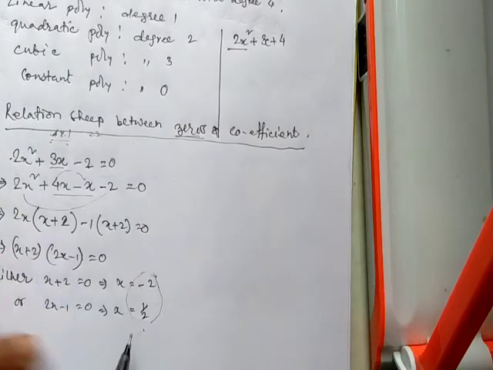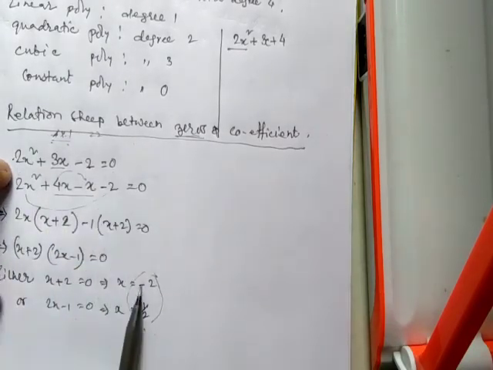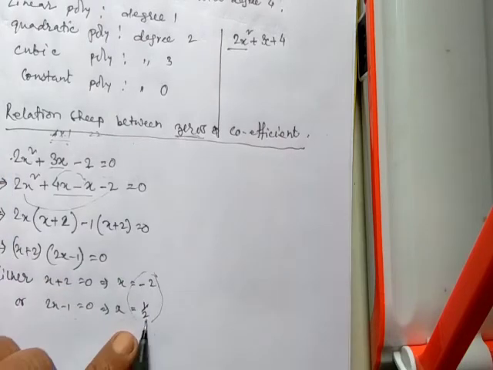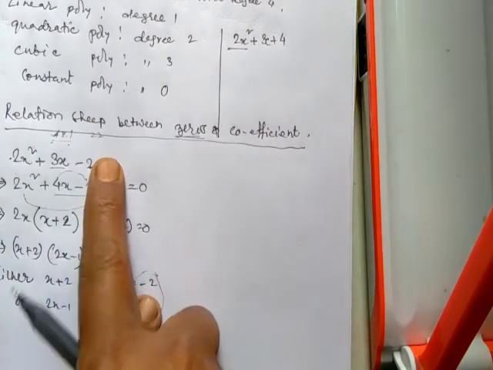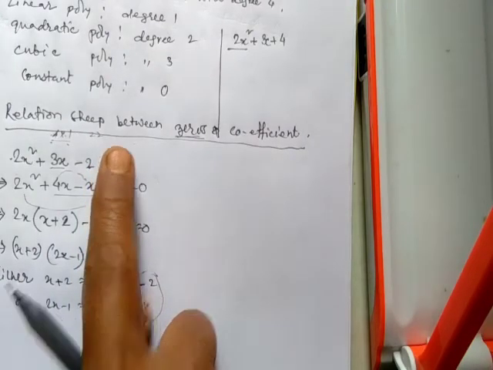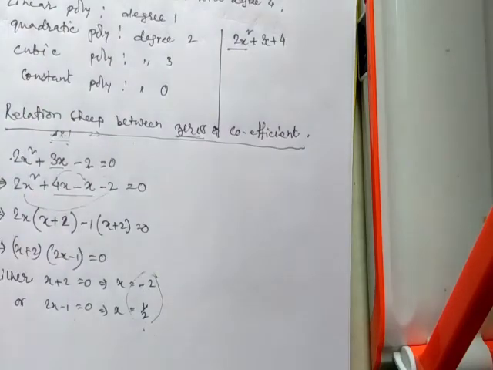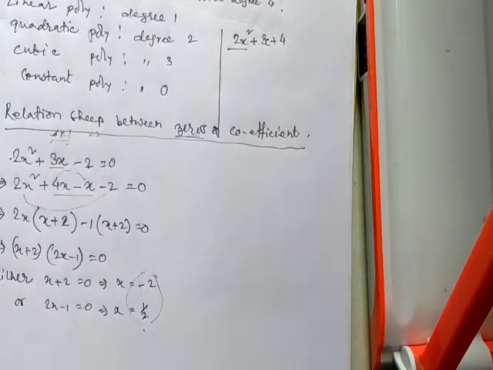These two are the roots of the equation, and these two are the zeros of the polynomial. That means zeros and roots are the same thing. It is named differently at different times.